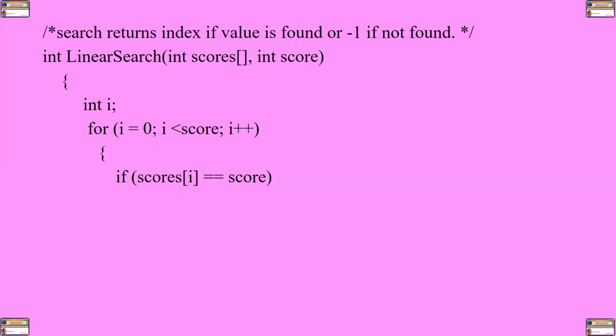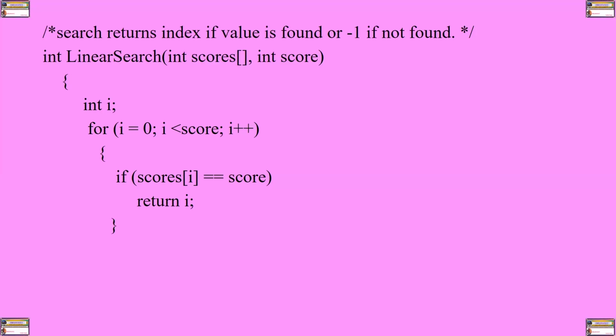So if the first value in the array, that is called 0, is equal to the value which has been received, then the processor is being told to return or send back the index or the position of that element in the array, or simply the value in memory location called I, to the main function.